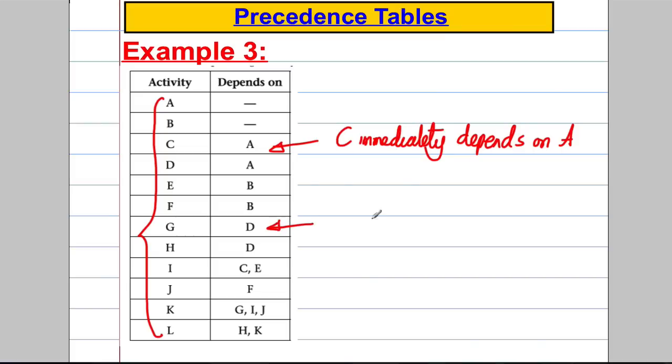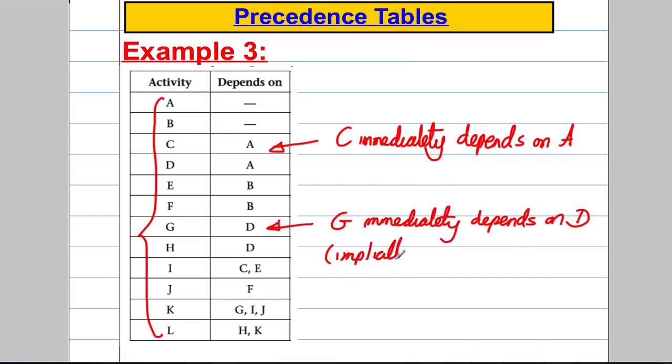For example here, because G immediately depends on D, since D depends on A, it implicitly, that means implied, implicitly depends on A. But we don't bother writing that in this column here, we just show immediate dependencies. And lastly, when you're filling in the last dependence at the end, what you can do is look at everything that's been depended on before.